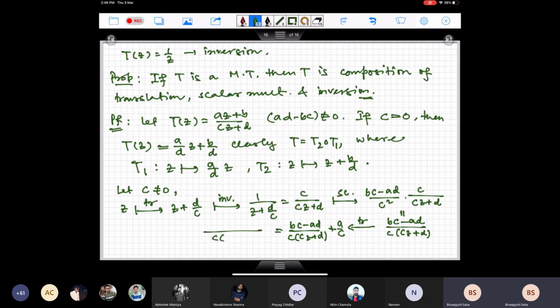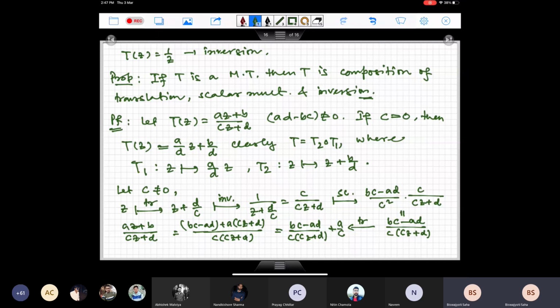So let us say C into (CZ plus D) in the denominator, I have already BC minus AD, plus I have A into (CZ plus D). Fine. So of course I can see AD getting cancelled, and if I take out a C, you will see this is (AZ plus B) divided by (CZ plus D). So this is (AZ plus B) divided by (CZ plus D).